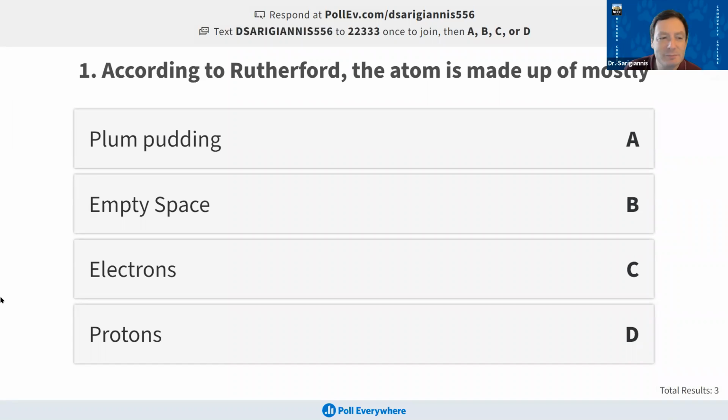Oops. This timer doesn't work. Oh, see, I figured out something.